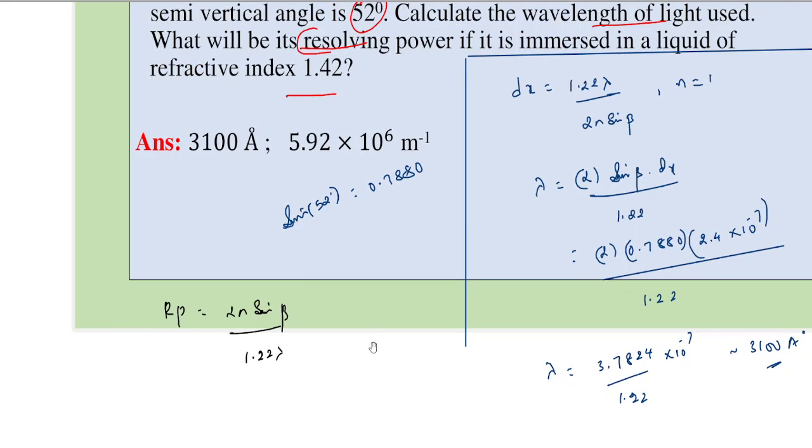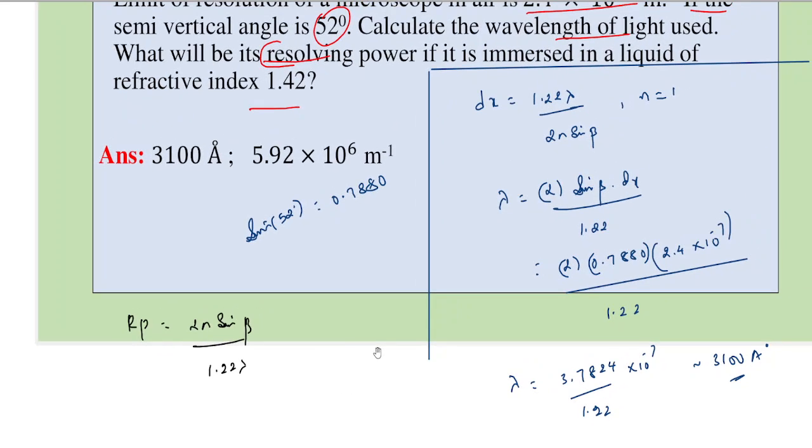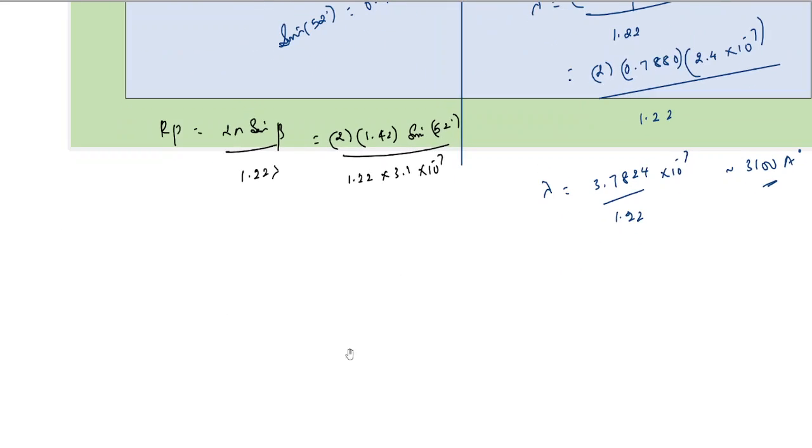Here the angle remains almost the same, and now it is immersed in a liquid of refractive index 1.42. So here what we get is 2 into 1.42 into sine 52 degrees by 1.22 into, we can write this as 3.1 into 10 power minus 7, so that it becomes easy to simplify.